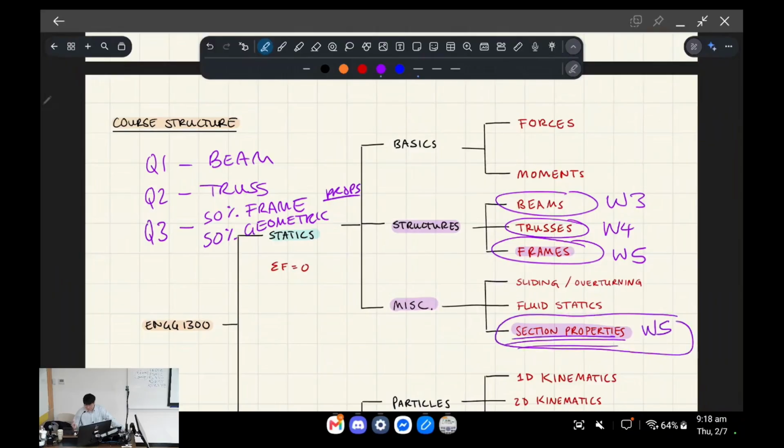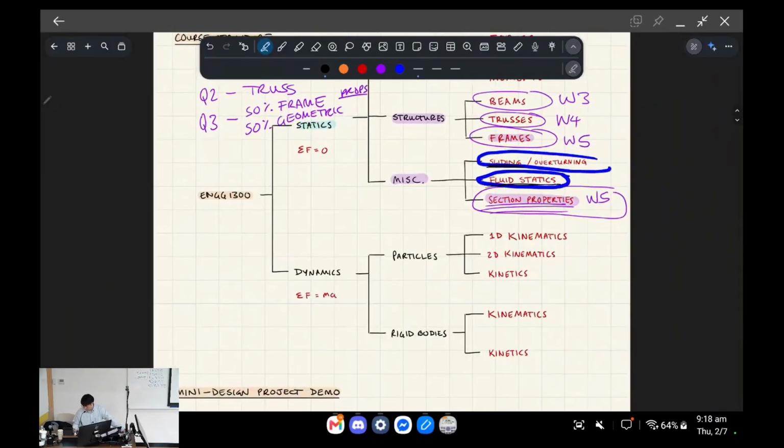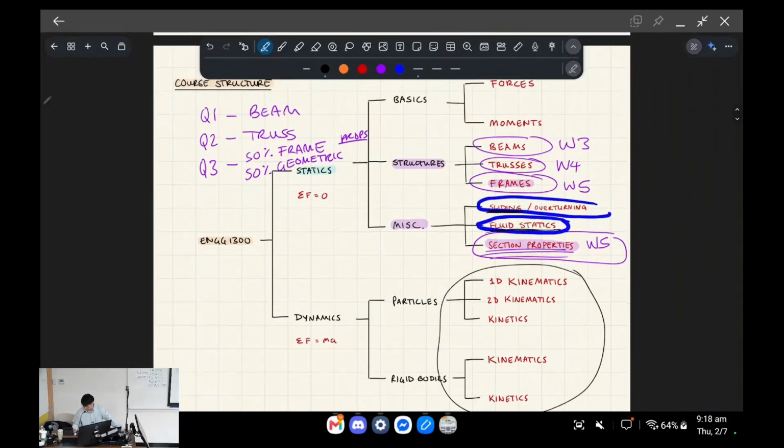So I'm only going to cover stuff that's potentially going to be in your test. This stuff here, oversliding and turning and fluid statics, I think they're important, but they're not going to be tested. Wei has mentioned that potentially in your third test, we might mention friction a little bit, which is related to sliding, but that will probably be in the context of dynamics.